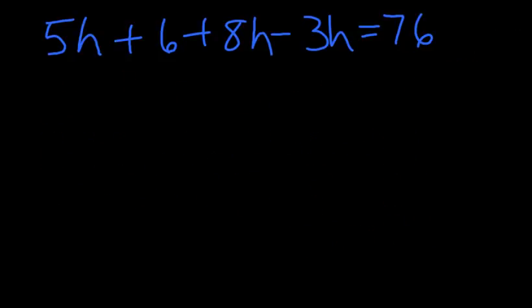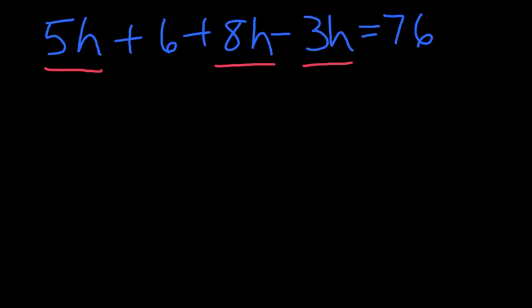Okay, let's do another problem. First, look at the side that has so much stuff on it and say, are any of those terms alike? Is there any way we can simplify this? And that's what you're going to do. You're going to see that 5h and 8h and 3h are alike.